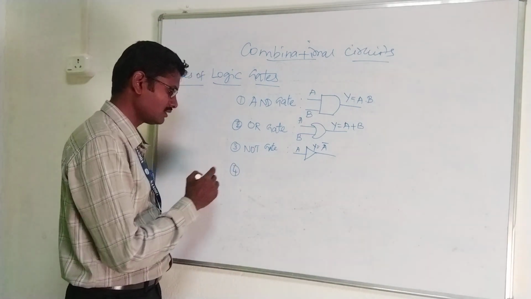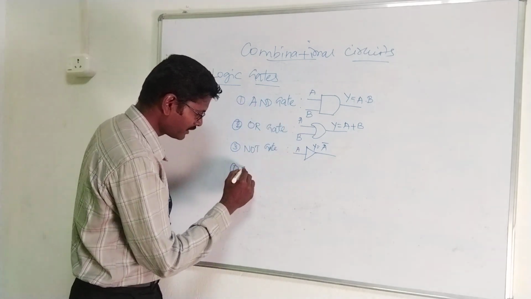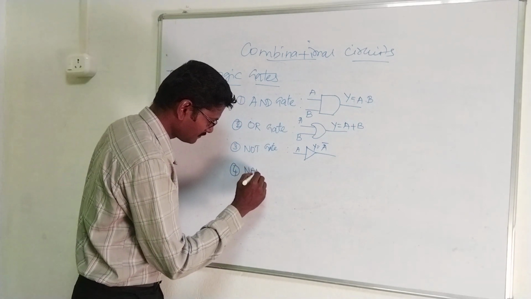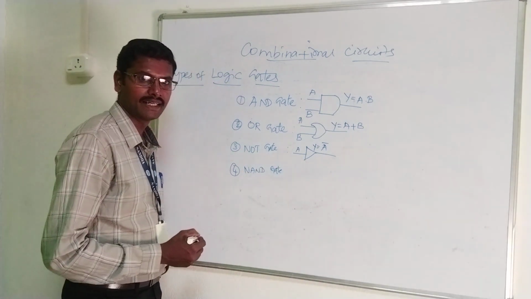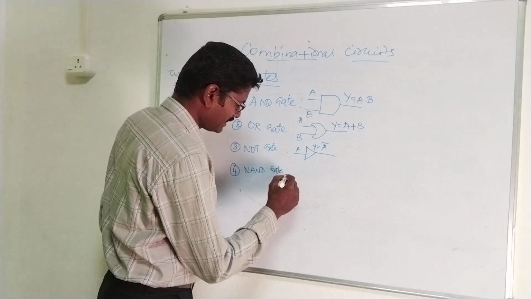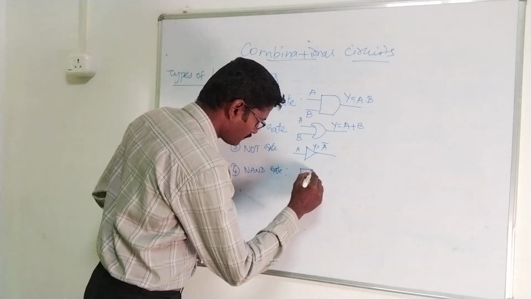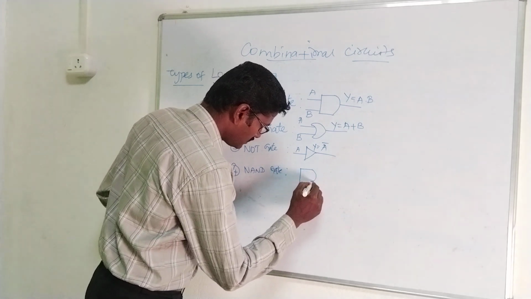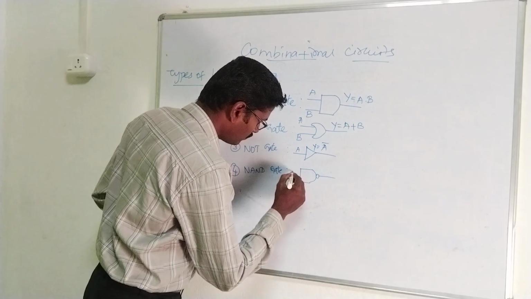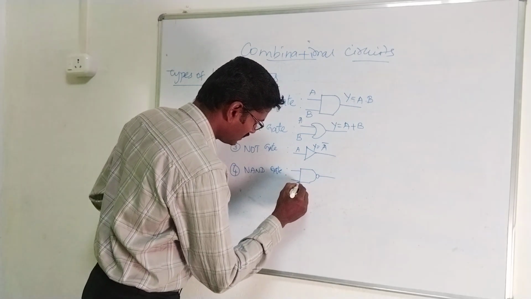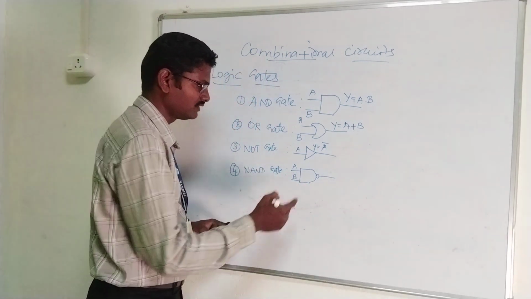So we have the AND gate, OR gate, NOT gate. The next one is the NAND gate. The symbol for the NAND gate is the same as the AND gate, but at the output we will have a bubble. A bubble means an inversion operation, which is similar to the NOT gate.